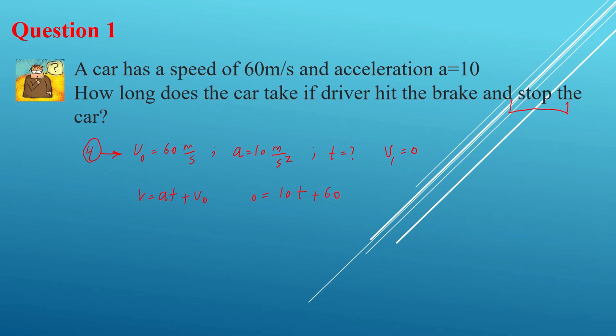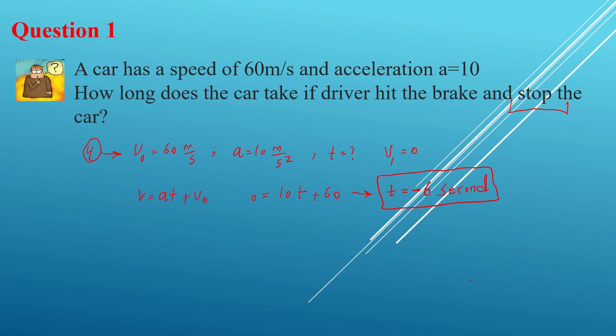I'm going to solve it the way it is, and I'm going to explain what happens. So if I solve this, my t is going to be minus 6 seconds. I'm going to write it down as seconds, and you will see what's wrong.